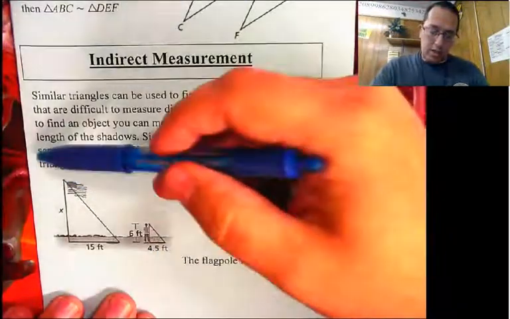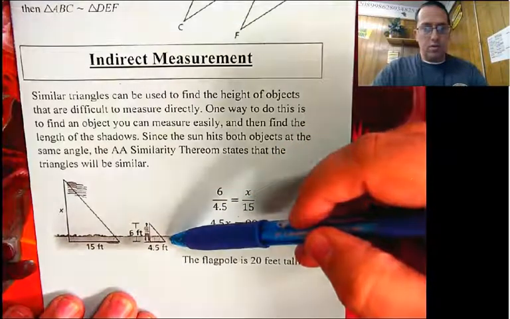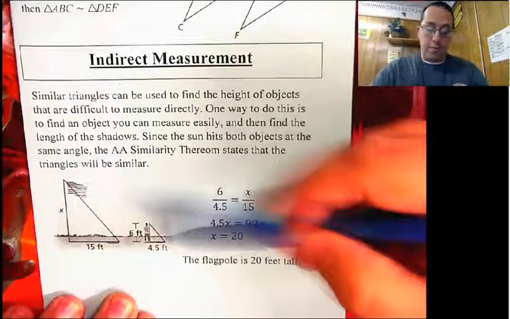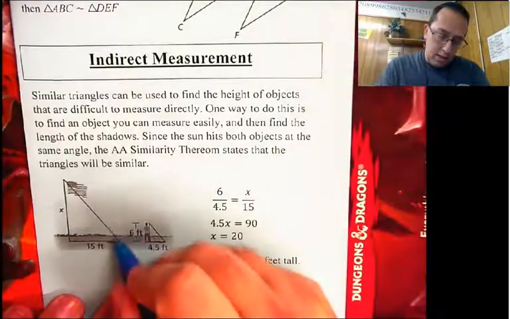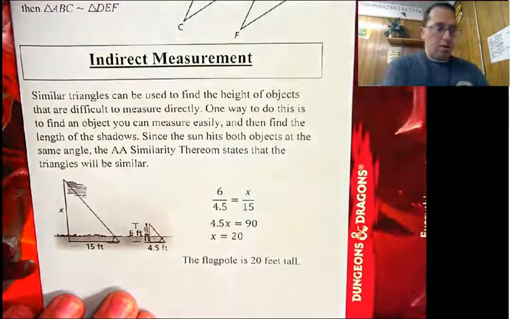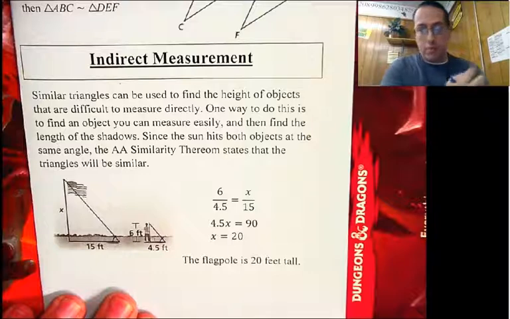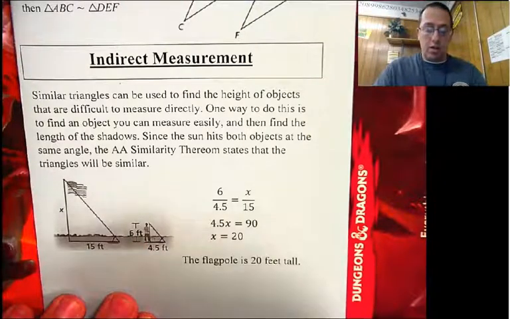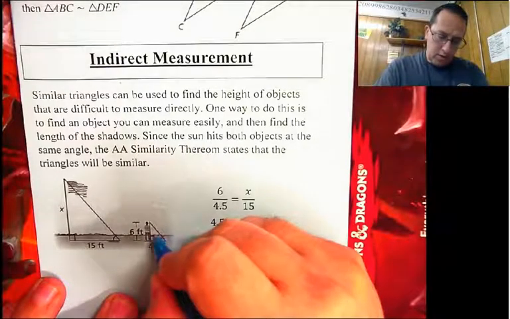Since the sun is in the same spot, it is coming in at the same angle for both people, so this angle here is congruent to this angle there. And assuming the flagpole was put up properly and your friend's not leaning over, they're both going to be perpendicular to the ground.